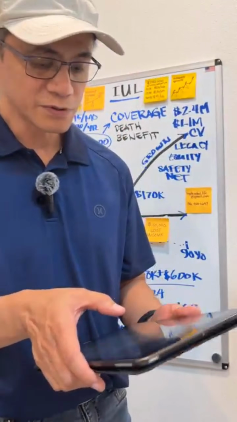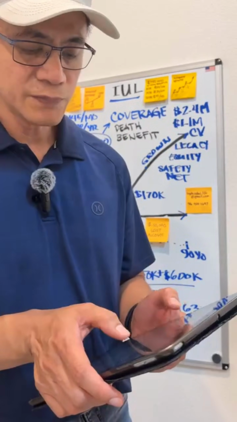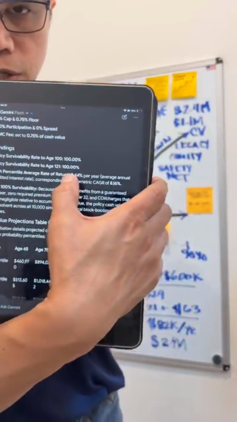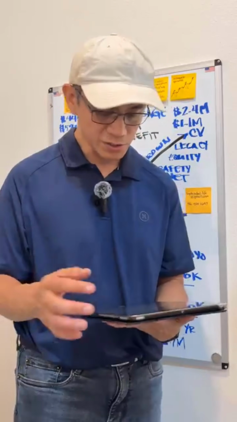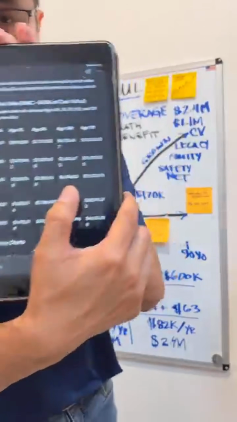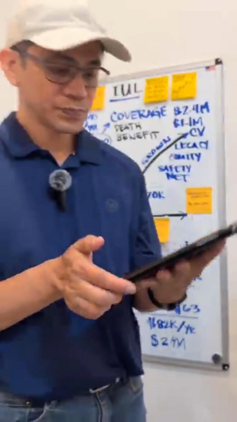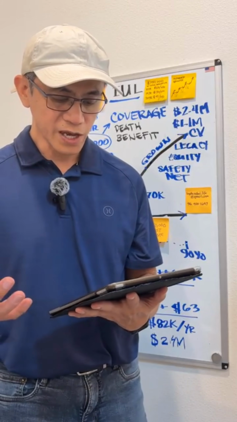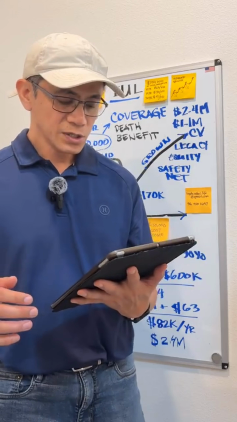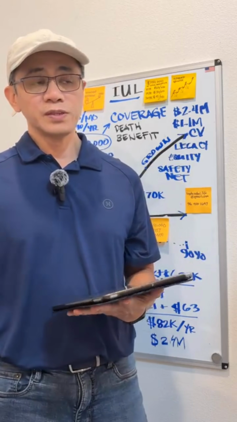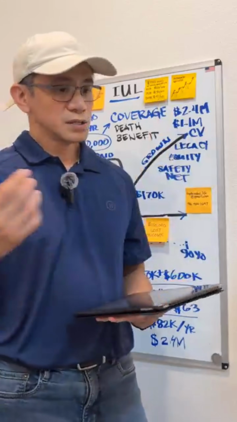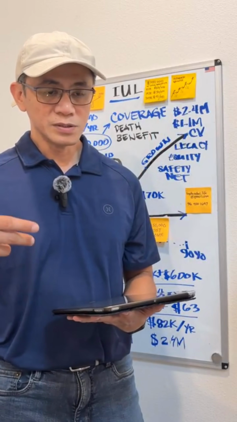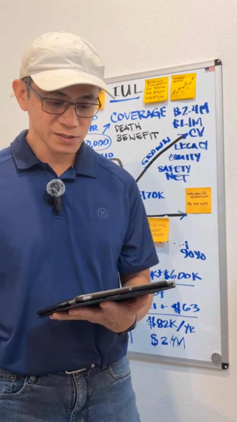Policy survivability rate to age 121 is 100% as well, based on Gemini. And we look at the growth of the cash value. We look at the ranges. We look at the percentile, depending on the movement of the index.